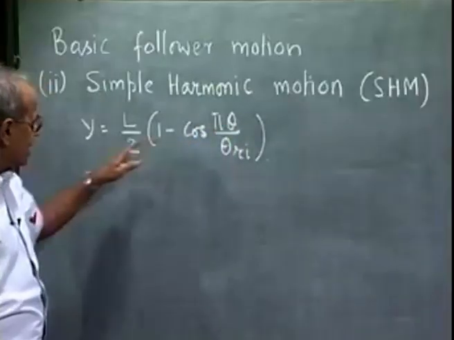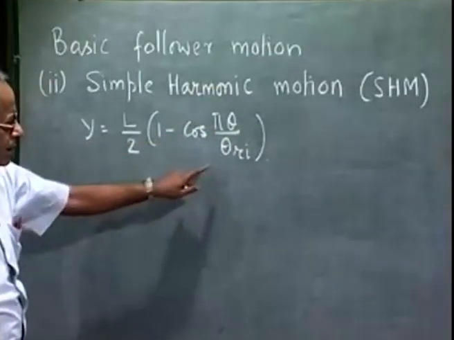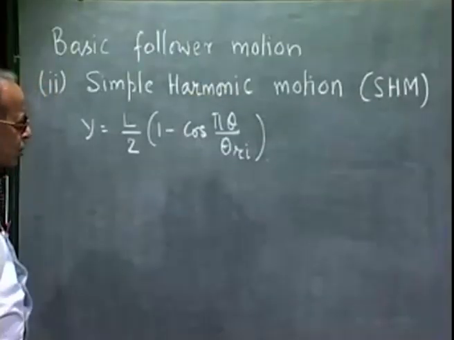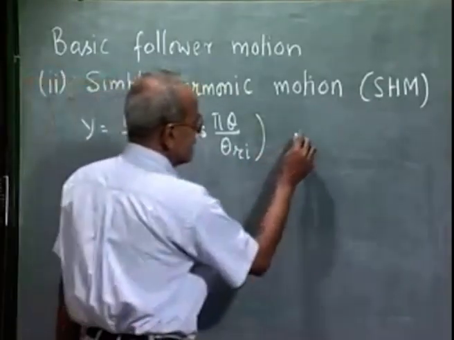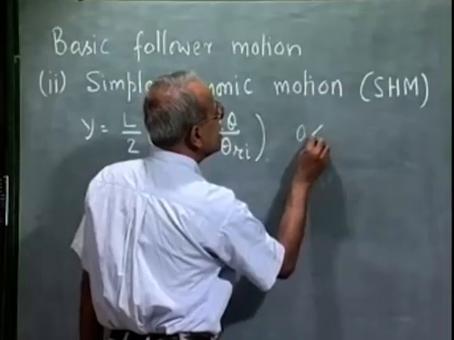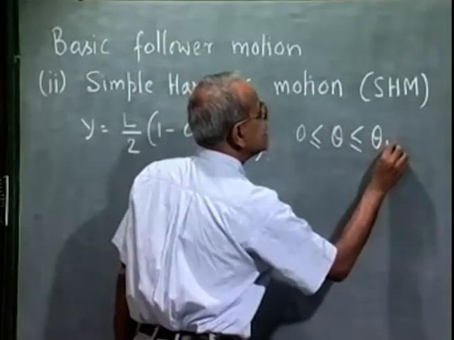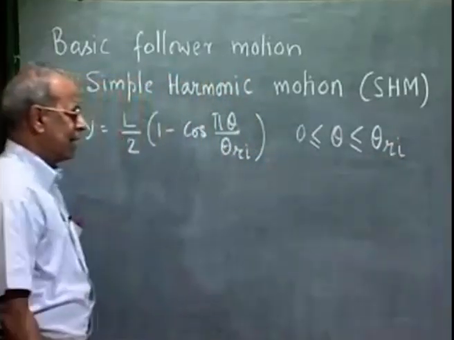For cam rotation angle theta, y is given by this, where theta Ri is the total cam rotation during the rise period. This expression is valid so long theta lies between 0 and theta Ri.